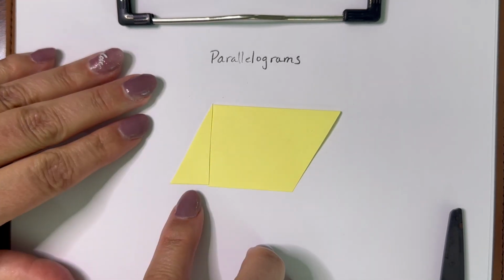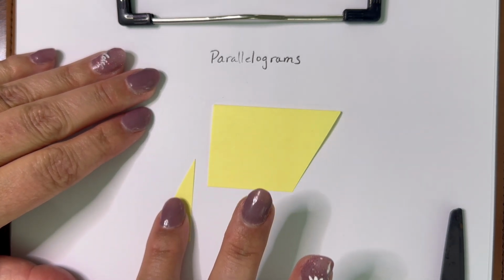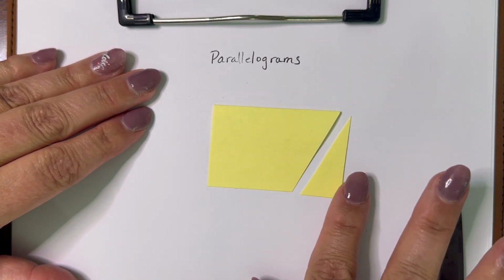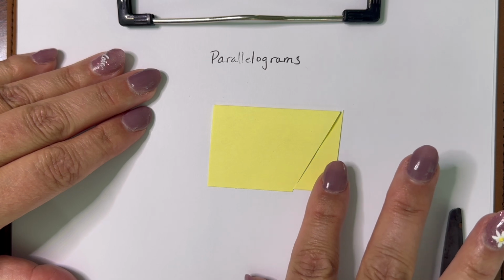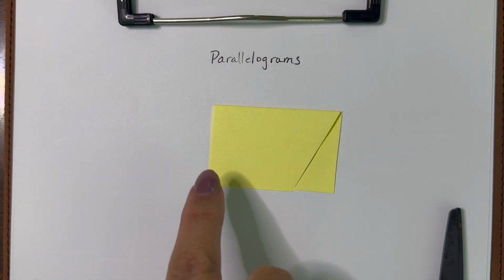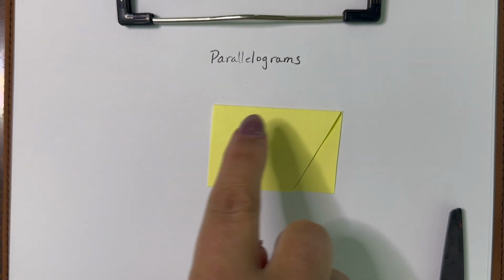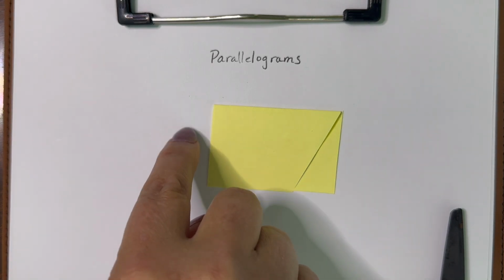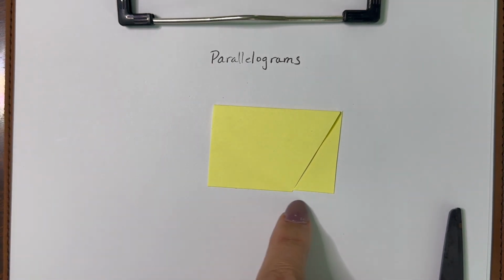So I have this triangle. If I take this and put it on the other side, it makes a rectangle.